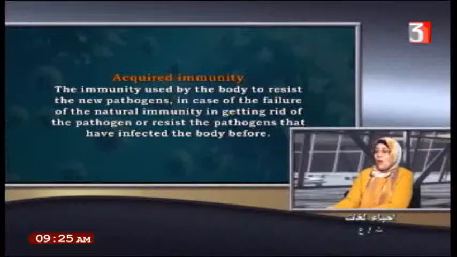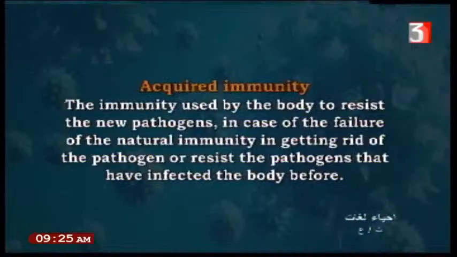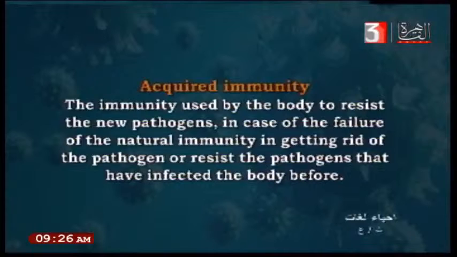What is the acquired immunity? The acquired immunity is the immunity used by the body to resist a new pathogen in case of the failure of the natural immunity in getting rid of the pathogen, or to resist pathogens that have infected the body before.